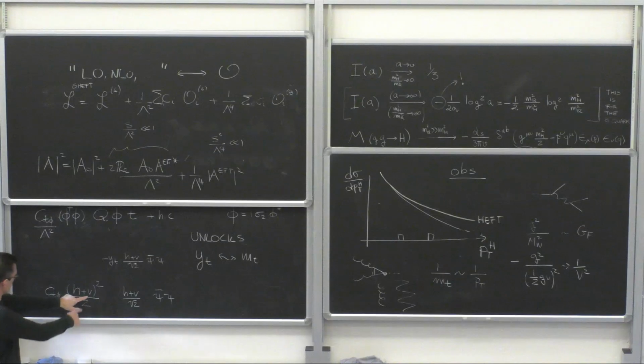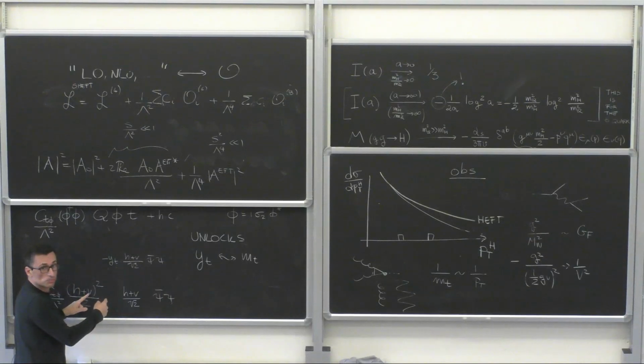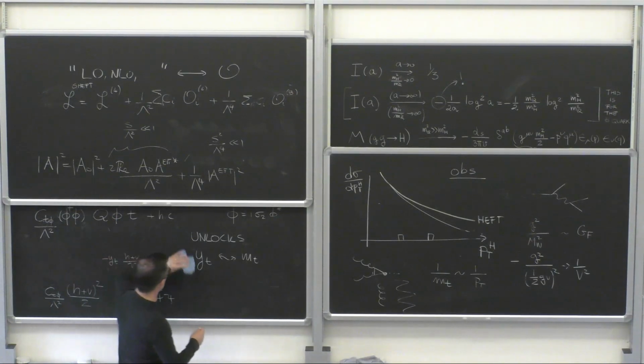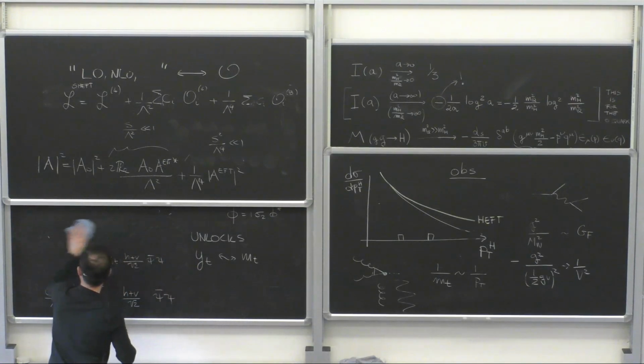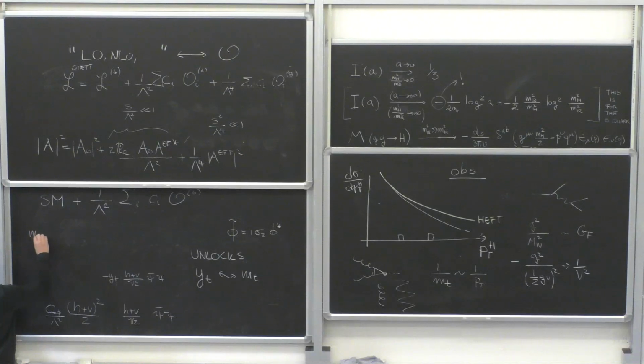Well, you see that here there is a term which is like v cubed t bar t, which also contributes to the mass. Because the mass, so now if I match this to my theory, so if I predict the mass of the top in this theory, the mass of the top will be this, right? The mass of the top is this definition.